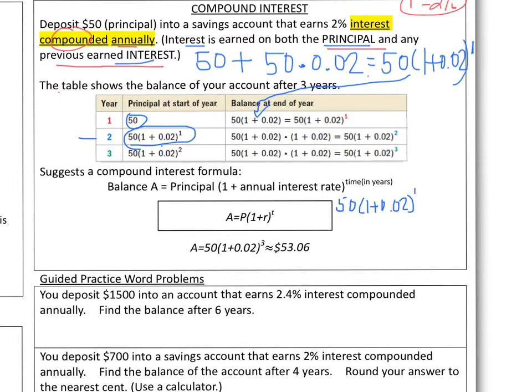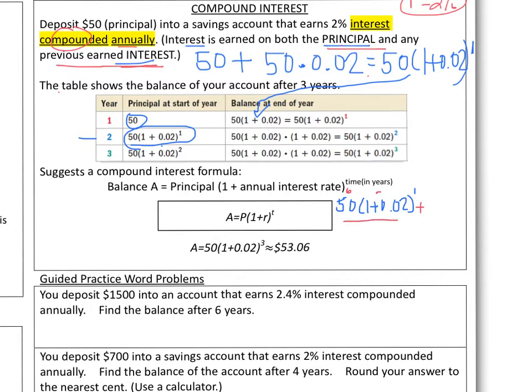Okay, so for the second year, you're going to be earning interest both on the principal as well as any previously earned interest. So this part will be the principal and this part will be your interest. And we're going to have to multiply that to another 2% and add it on to this new balance.